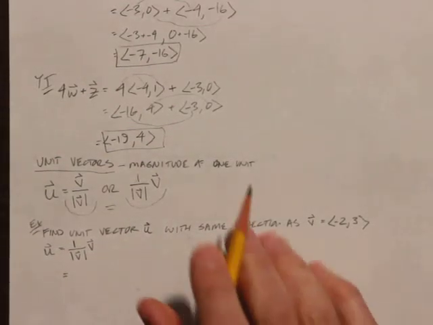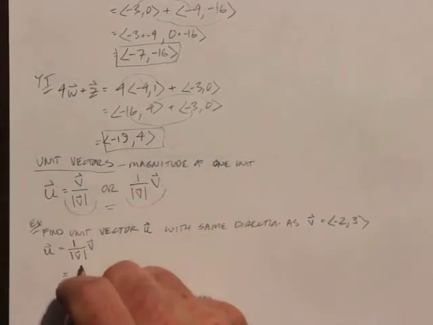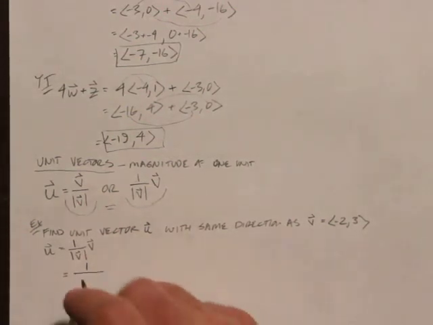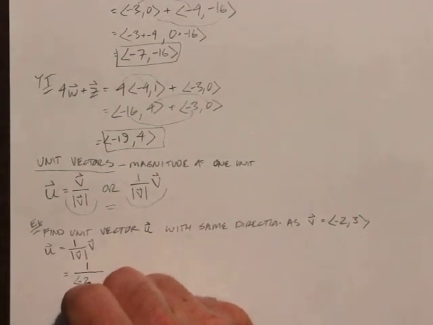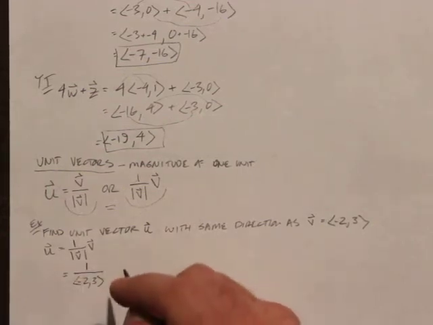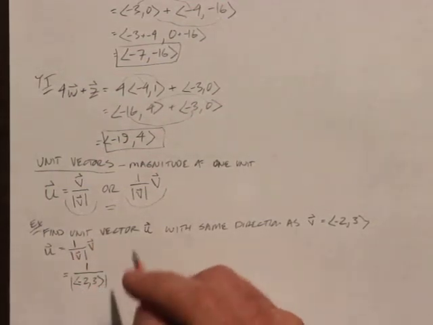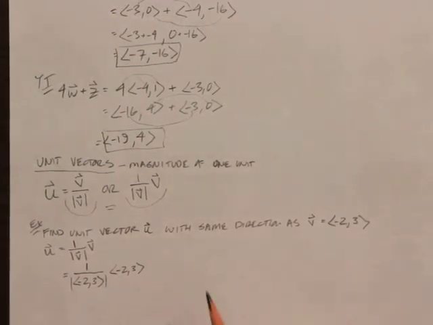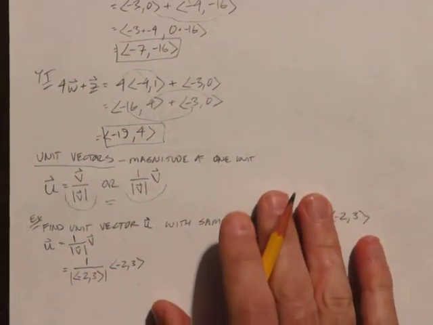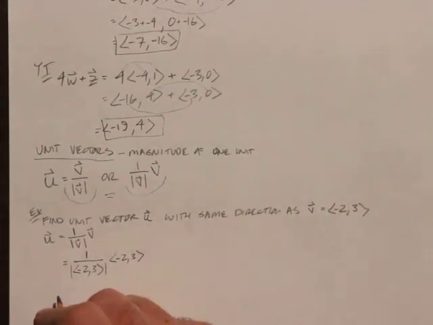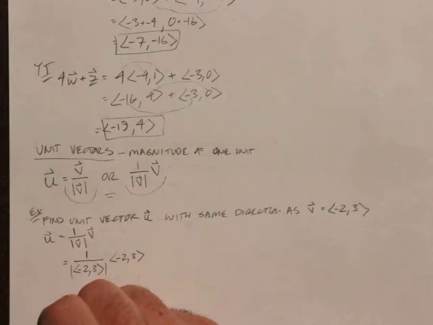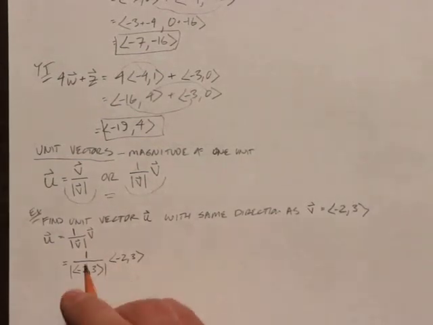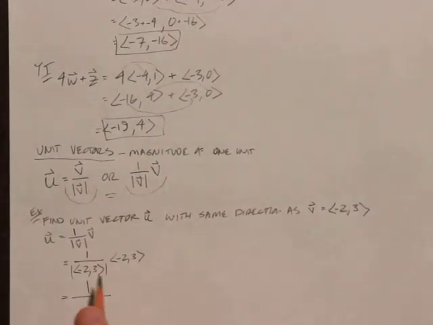So let's plug in our information here. 1 over the absolute value of vector v, which is -2, 3, times -2, 3. Okay, now what do we do? What are we going to do with this stuff here?